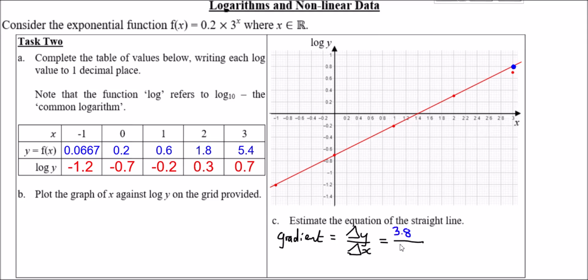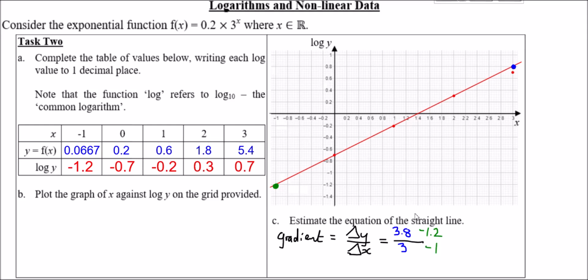Likewise, change in x, I'm going to start at 3. And another point which I think is fairly easy to read, this line of best fit of mine has gone through -1, -1.2. So I'm going to pick this point down here. So y down here is -1. Sorry, y down here, my mistake, is -1.2. And x down at this point is -1.